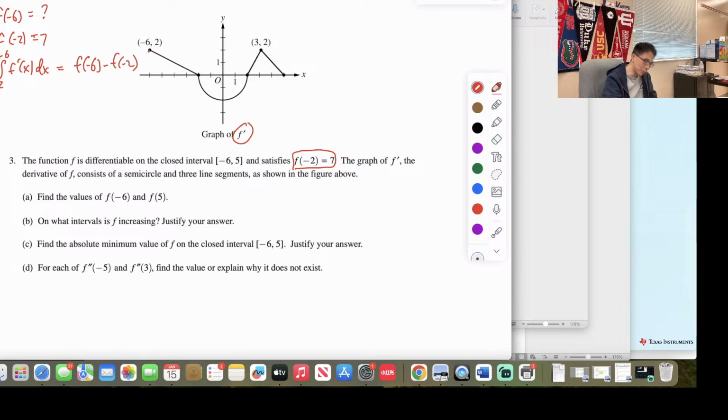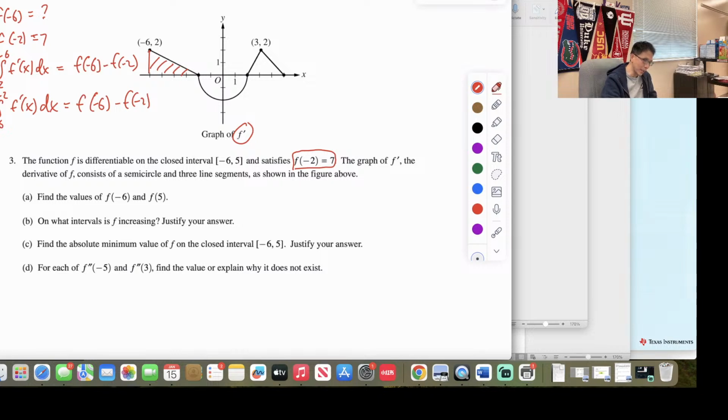And the area, this is also equal to negative the integral from -6 to -2 of f prime of x dx. This part doesn't change. Does that make sense? Because I only change the other part.